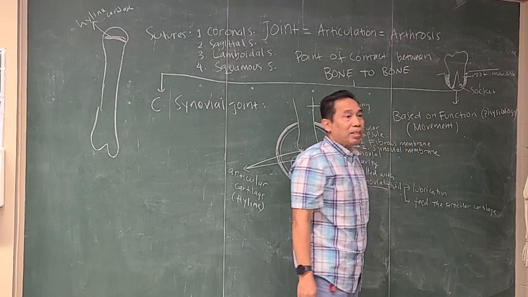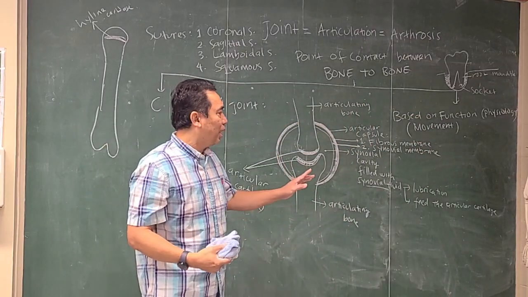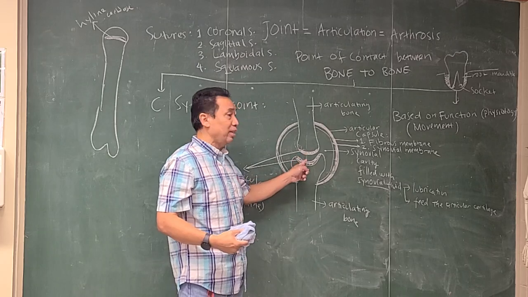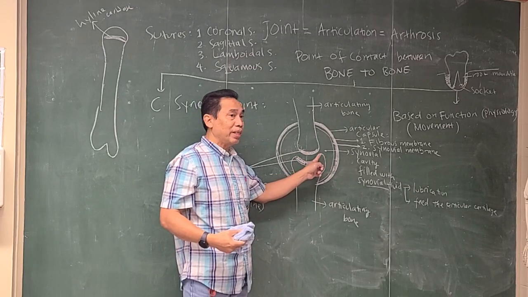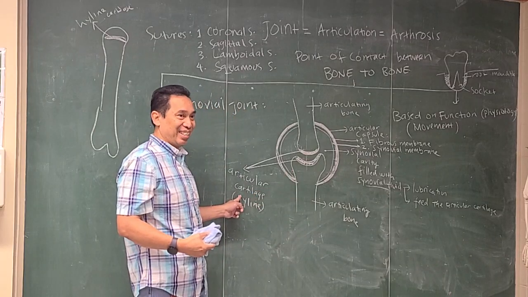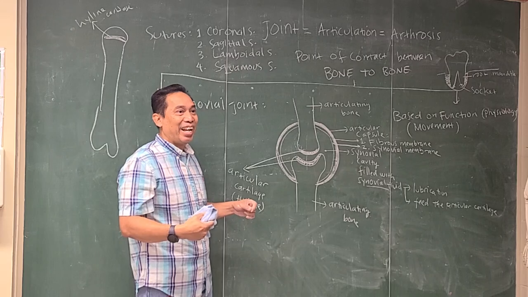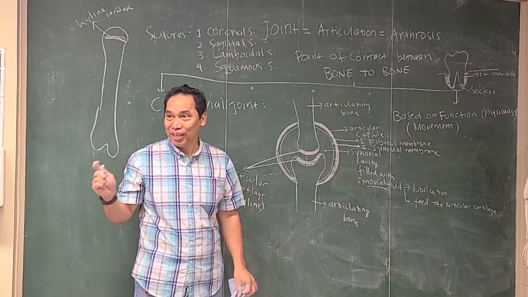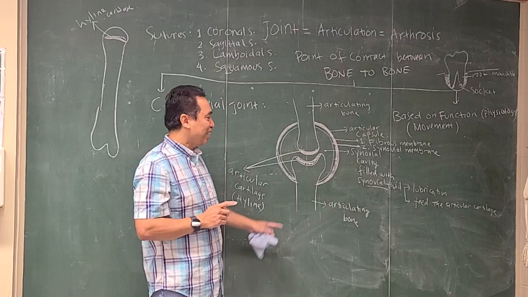What is the second function of synovial fluid? Give nutrition to the articular cartilage over here, right? Now what happens if you don't have enough synovial fluid? The cartilage over here will die, become solid. And you have a problem called arthritis. It's called arthritis. Yeah?